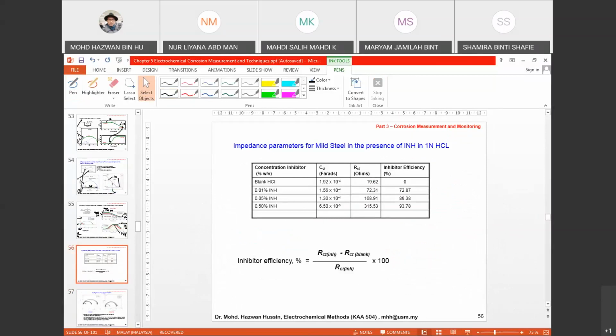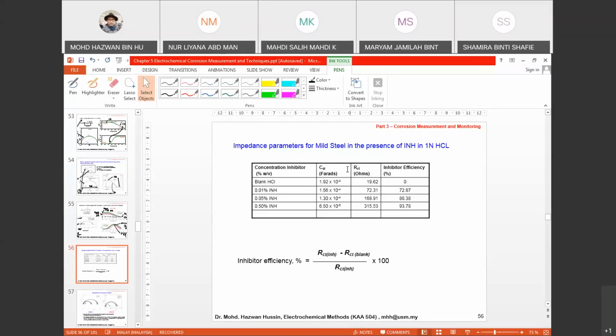Right. So in order to calculate the corrosion inhibitors' inhibition efficiency, we can use a formula. The formula is almost the same as linear polarization resistance. What you need to see is the charge transfer resistance.